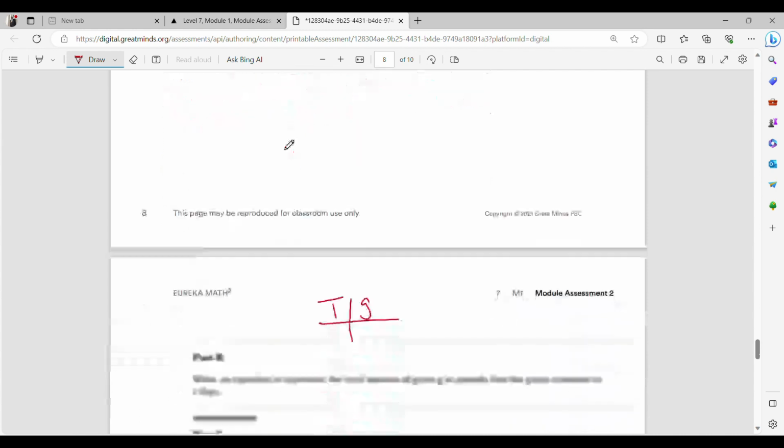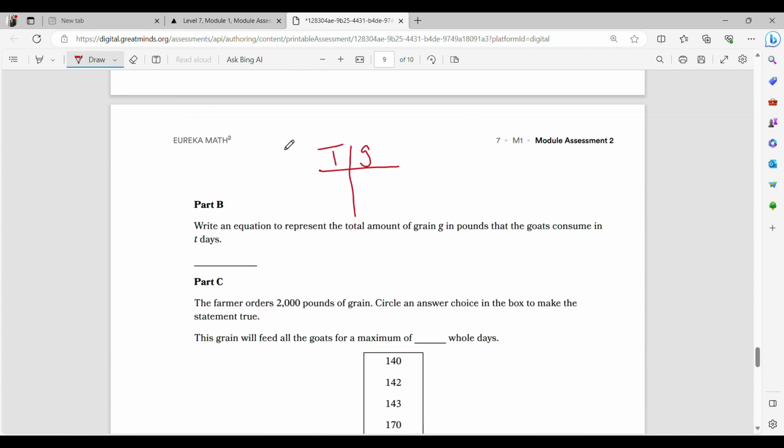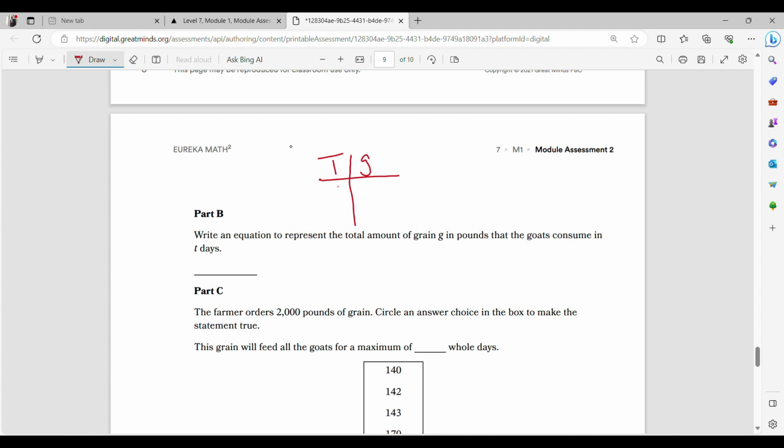That's G. Alright. T and G. So in 1 day's time, the goat eats 14 pounds. So this is our Y. We're starting off with G equals T times 14. How do we denote that? G equals 14T.